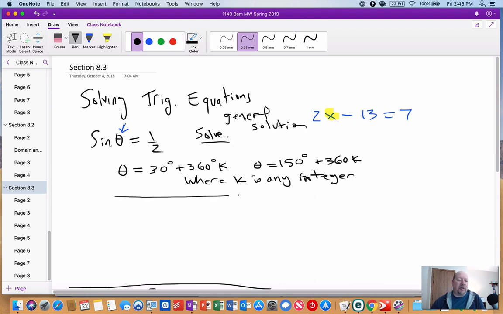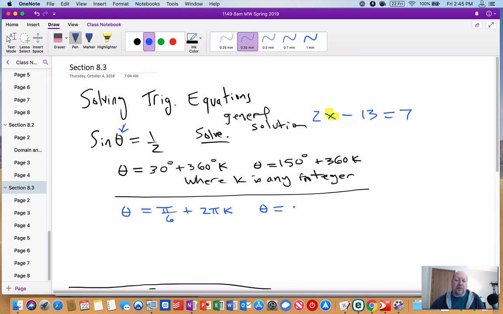Now, if we wanted our answer in radians, here's how you would give your answer. Theta equals pi over 6, because that's the radian equivalent, plus 2 pi k. Since we're in radians, we add on multiples of 2 pi instead of multiples of 360. Again, k is any integer here.